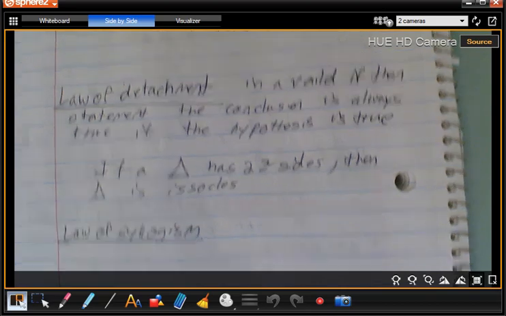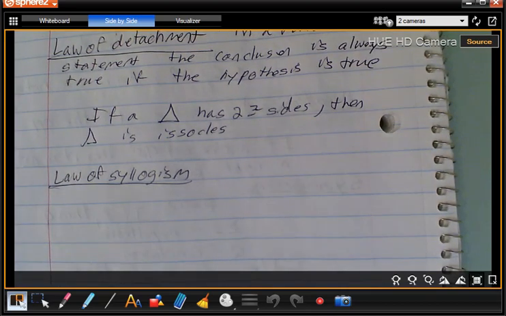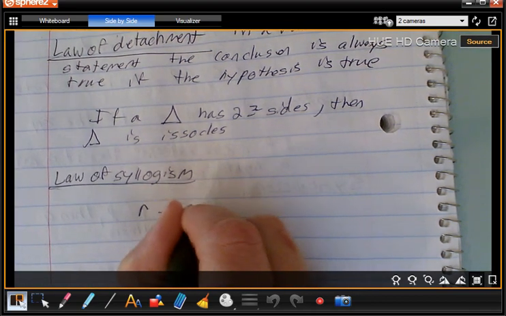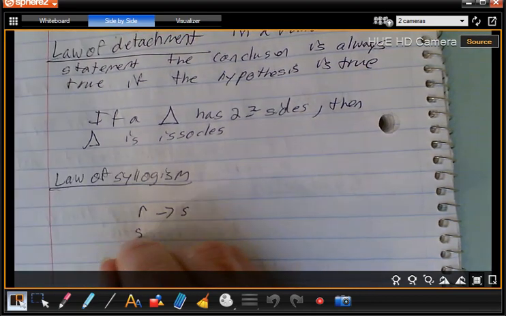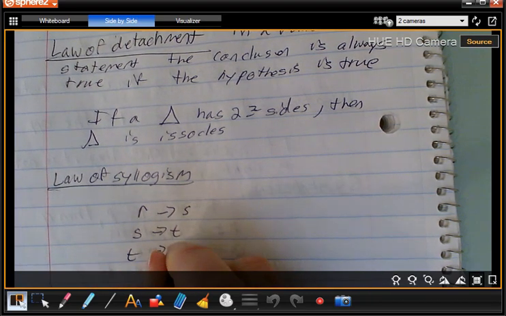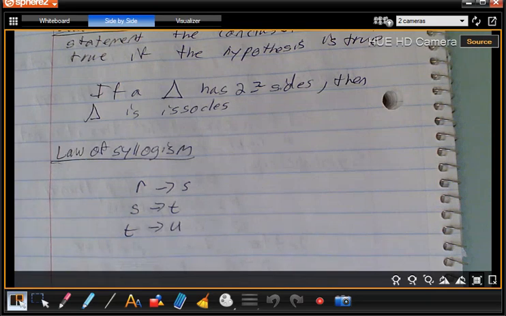Okay? So now we're going to talk about the law of syllogism. Okay? R goes to S, S goes to T, T goes to U. We're assuming that R starts off as the hypothesis, S is the conclusion, then S is the hypothesis, T is the conclusion, then T is the hypothesis, U is the conclusion.